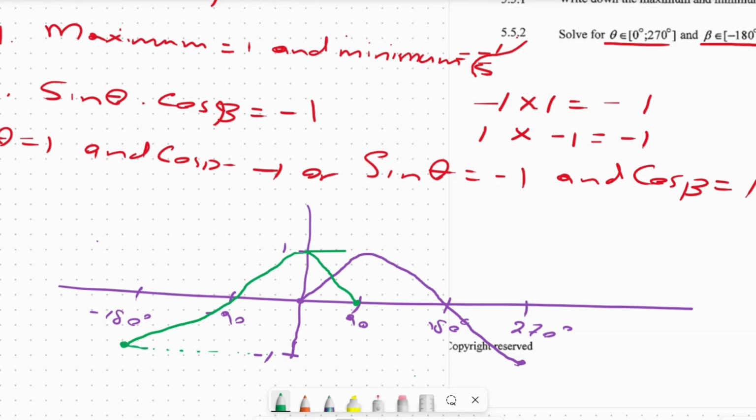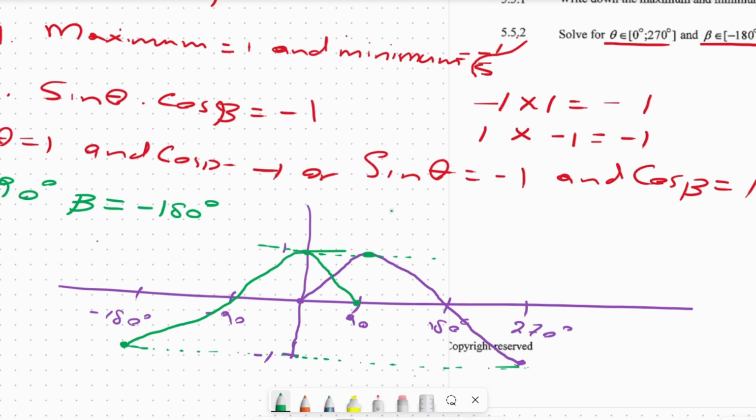So you can see the situation now. For this one, theta must give 1 at 90 degrees, and beta must be negative, at -180 degrees.